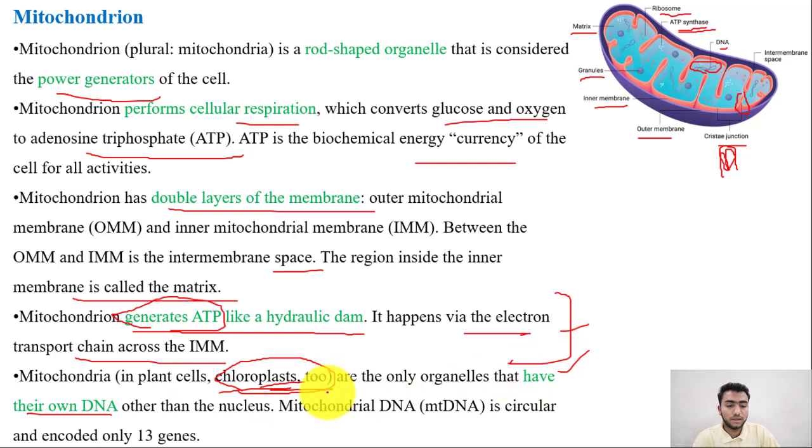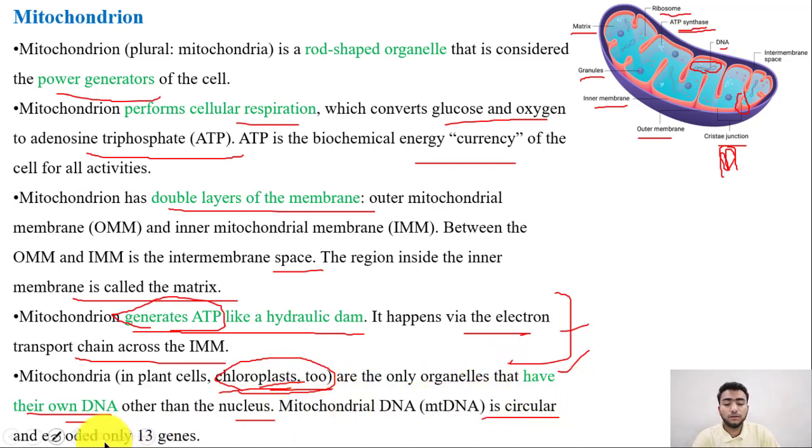If you notice, it mentions chloroplasts also have their own DNA other than the nucleus. So the nucleus has DNA, but the other two organelles that we have learnt now, chloroplasts as well as mitochondrion, have their own DNA.